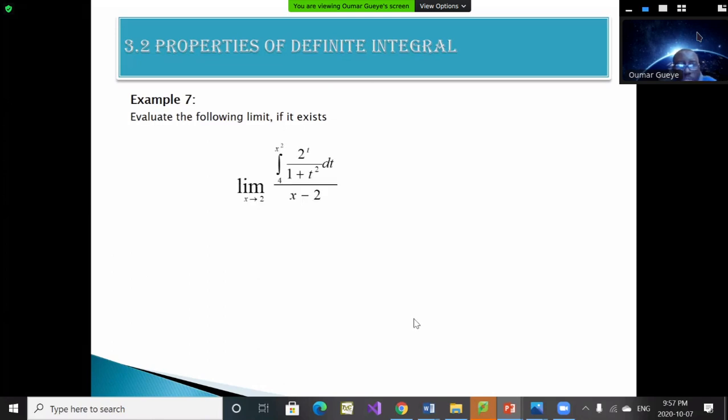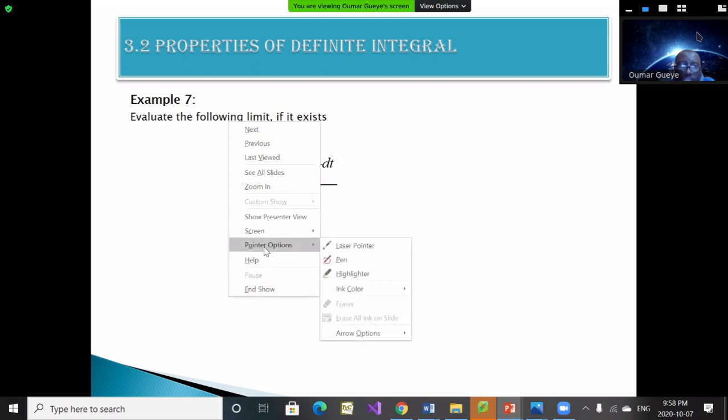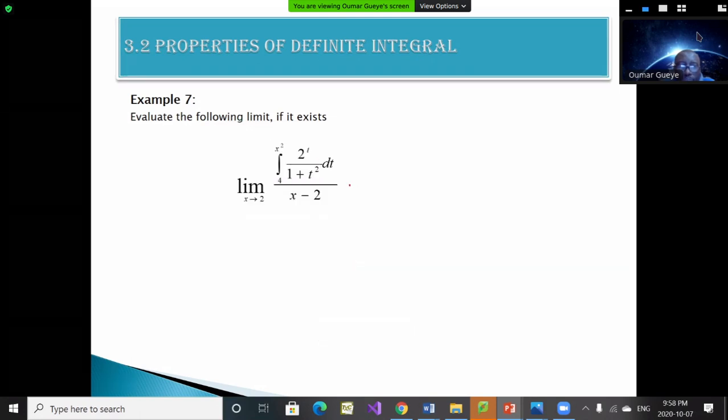In those examples, we want to get the limit of this function when x is approaching 2. To calculate such a limit, you can see here, this is equal to the limit when x goes to 2. The denominator is going to 2 minus 2.